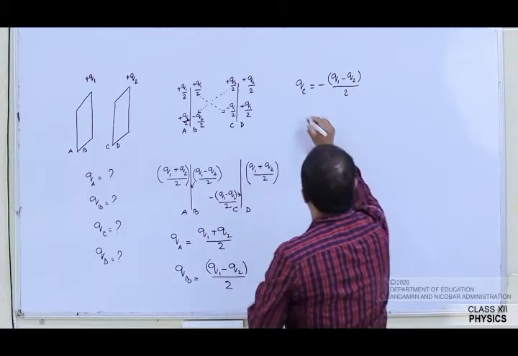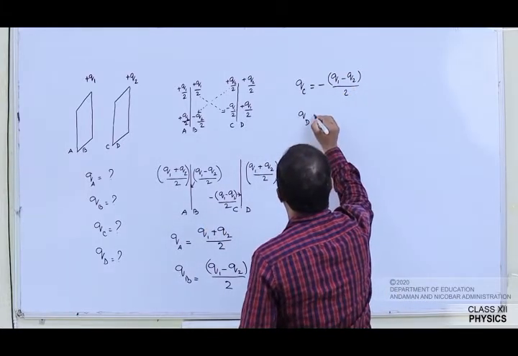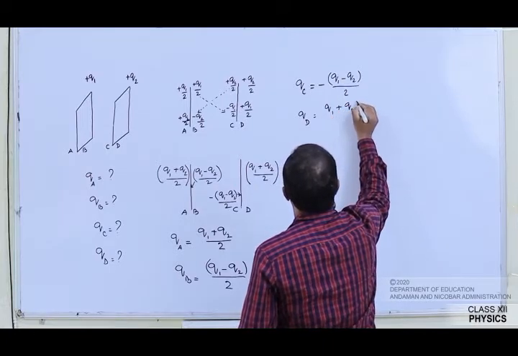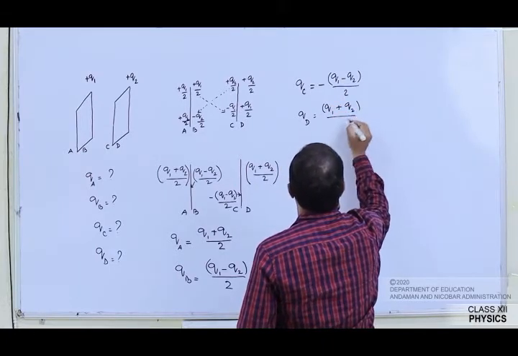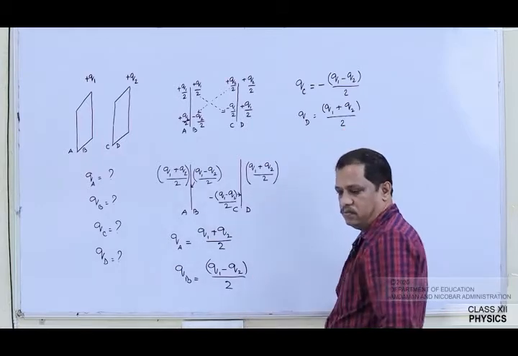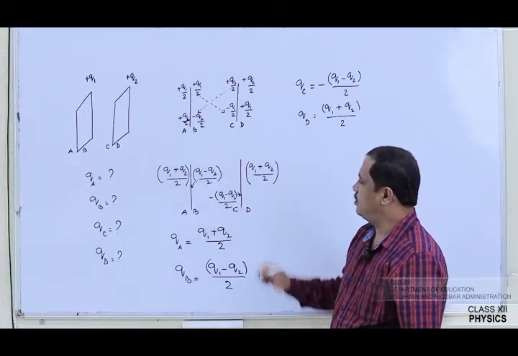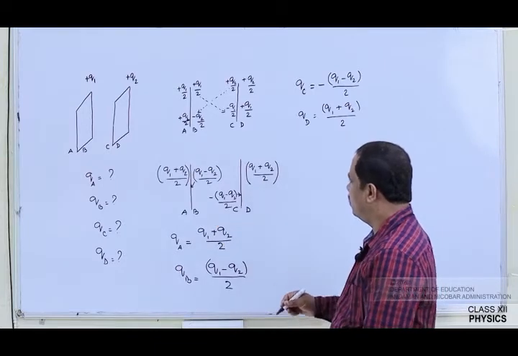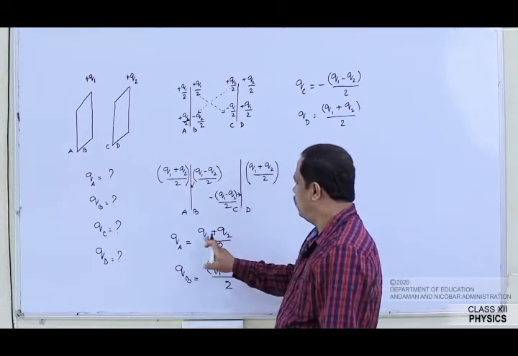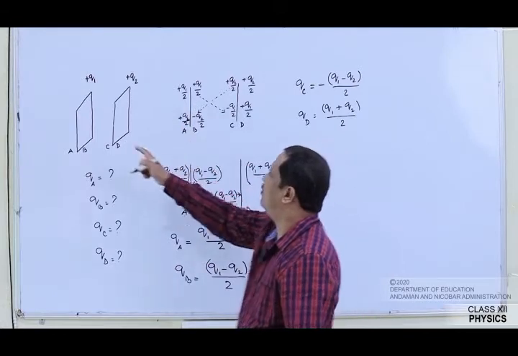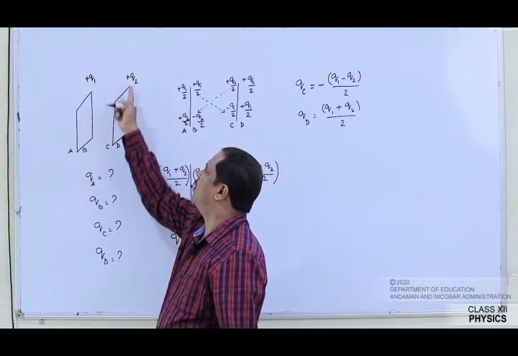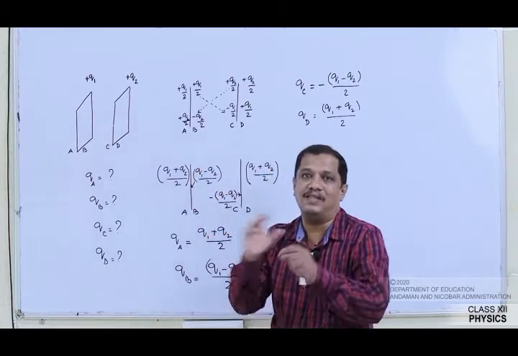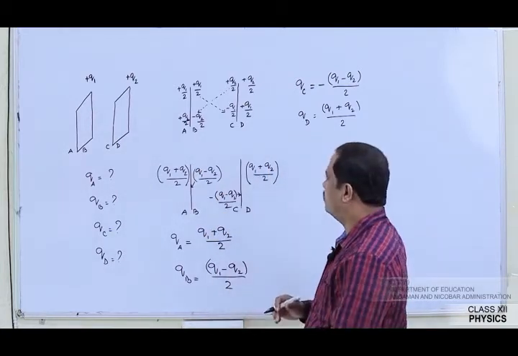And QD is equal to q1 plus q2 by 2. Now, when I look at all the charges, q1 was the charge given to this plate and q2 was the charge given to this plate, so q1 plus q2 is the total charge, the sum of the charges q1 and q2.